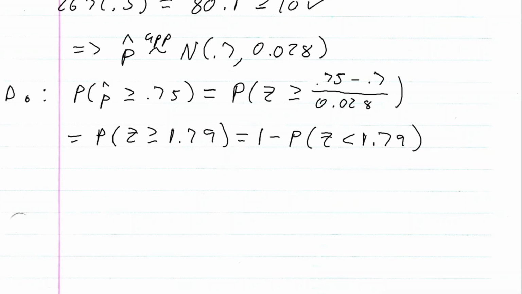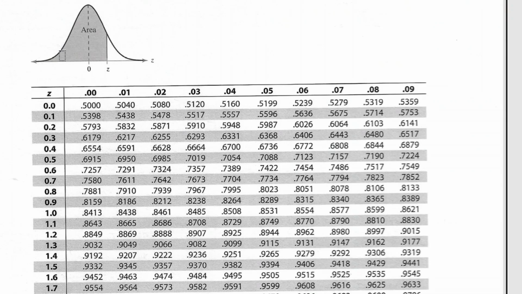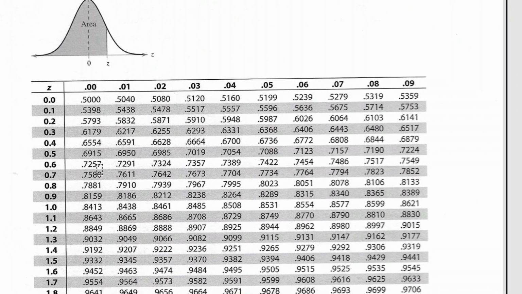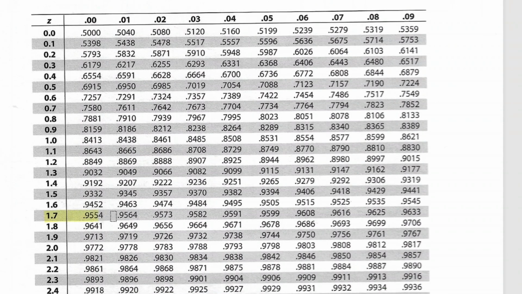And now we can use our z table, because it's z less than. So we look at 1.7, and then 1.79, so 9. We can see that it's 0.9633.